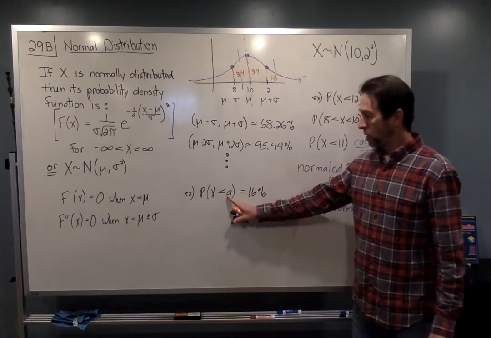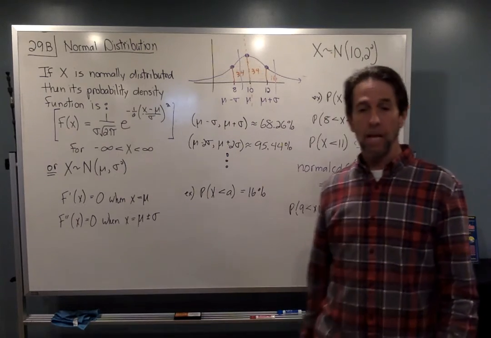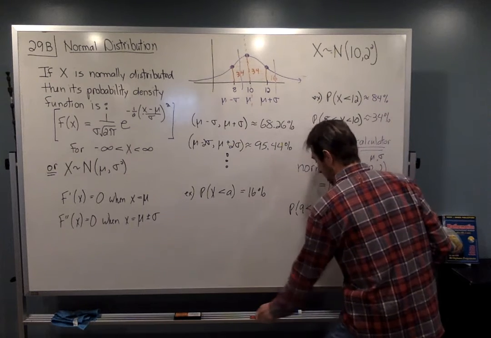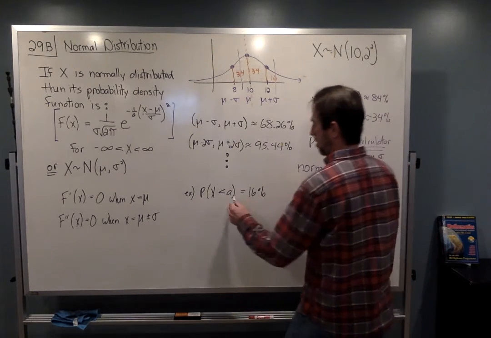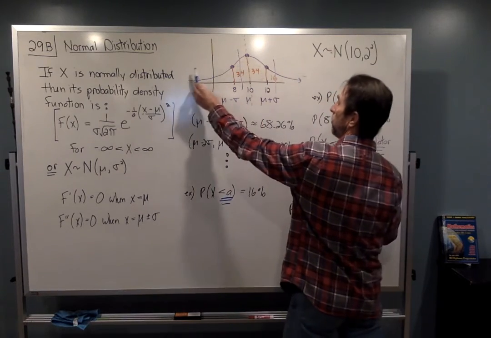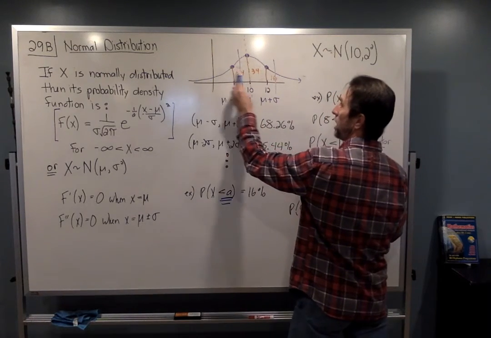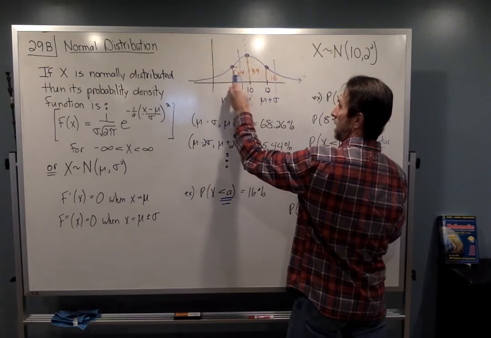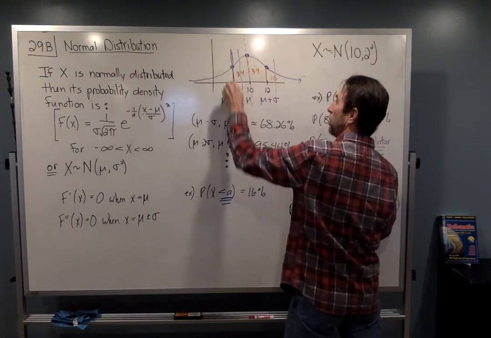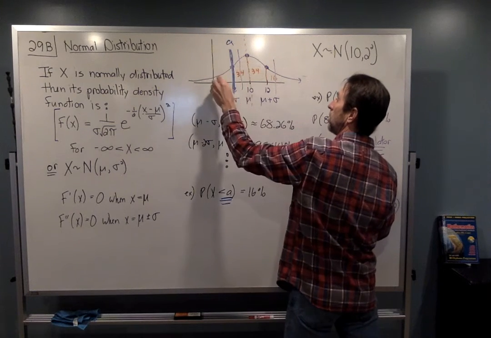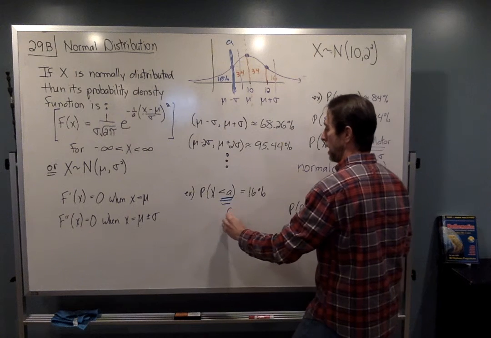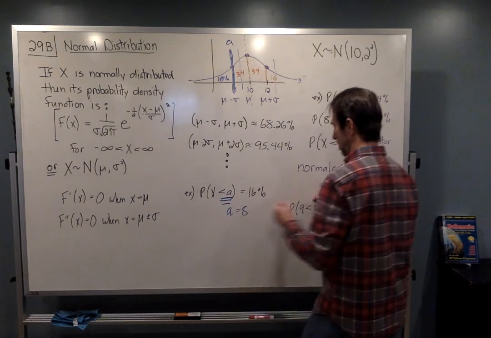So where is A going to be if the probability that it's less than A is 16%? Well, you want to think of A as being kind of a vertical line moving back and forth. If I want to find X less than A, and everything to that side of it is 16%, we would realize it's going to be right here. Again, just because it's a nice number, A would be 8 in this case.